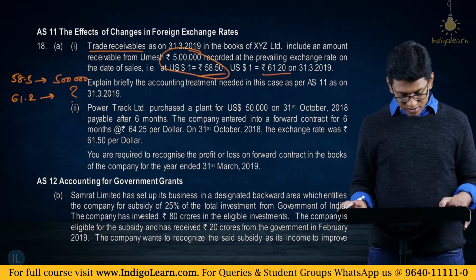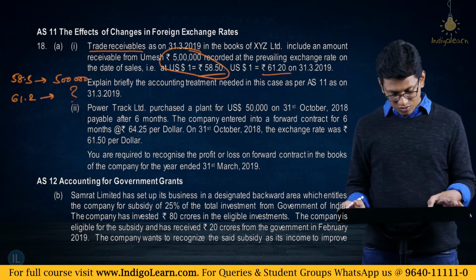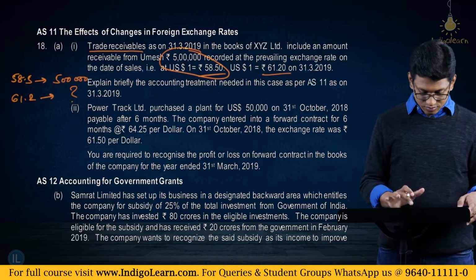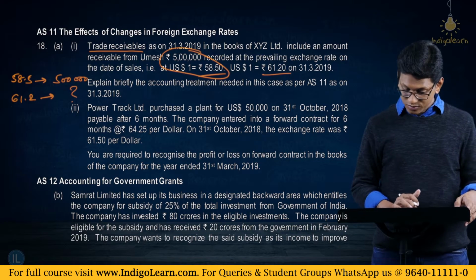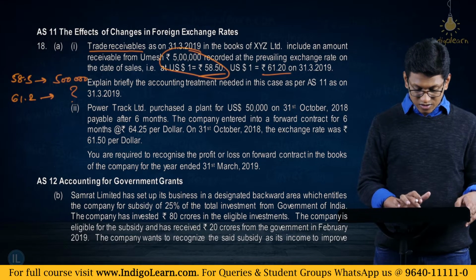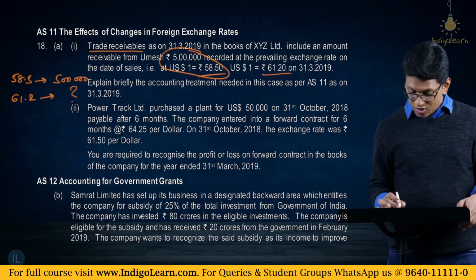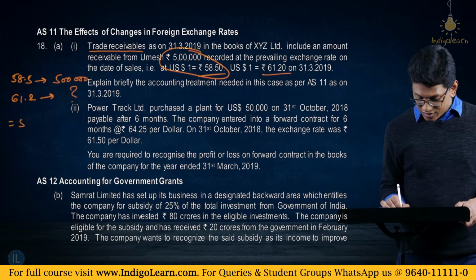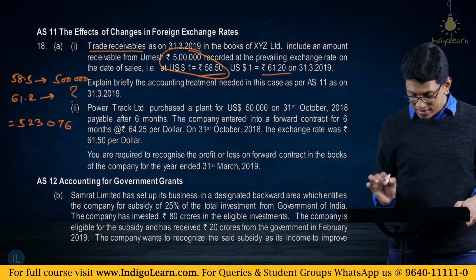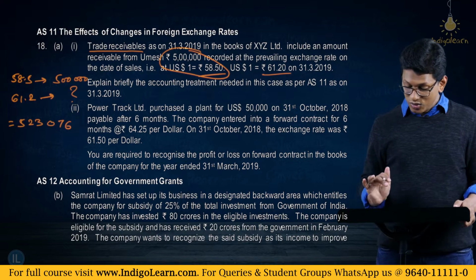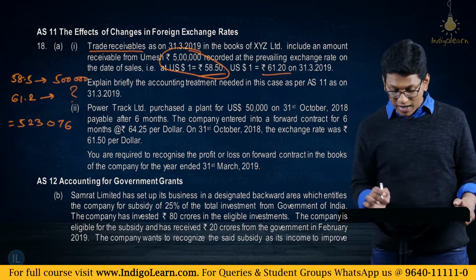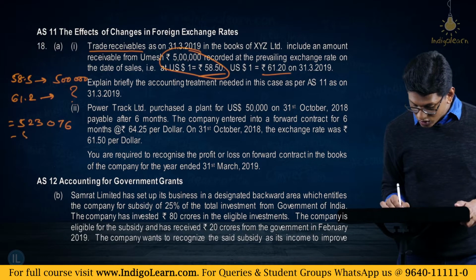That will be 61.2 into 5 lakhs divided by 58.5. So that comes to 5,23,076. Okay. Now 5,23,000 minus 5 lakhs, what was the value at which it was recorded earlier?